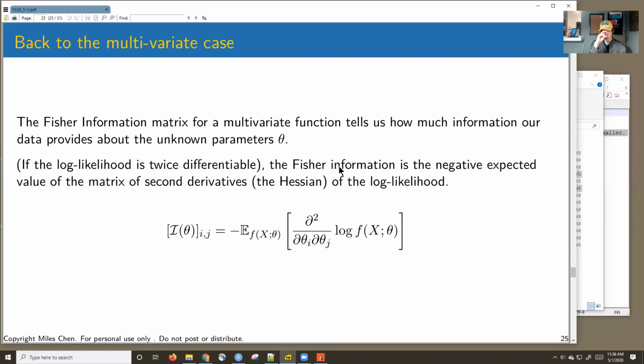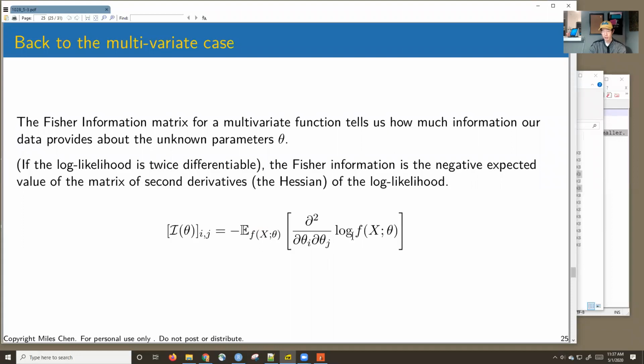So the Fisher information, again, if the log likelihood is twice differentiable, is the negative expected value, this time of the matrix of second derivatives of the log likelihood. We take the second derivative of the log likelihood function, and we ask for the negative expected value. I have it with this subscript to indicate that we're taking the expected value with respect to our random variable x.